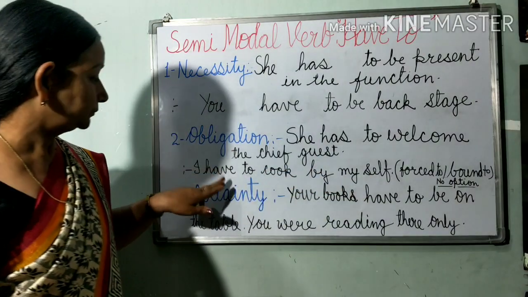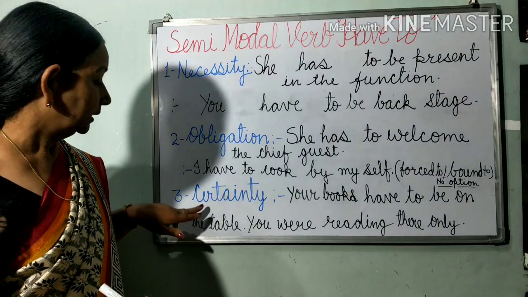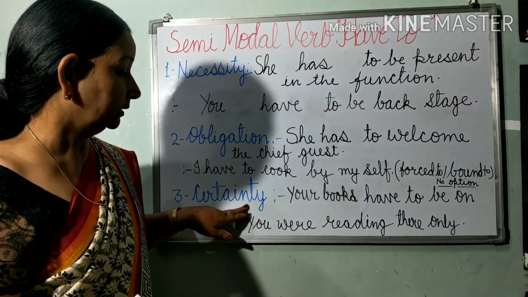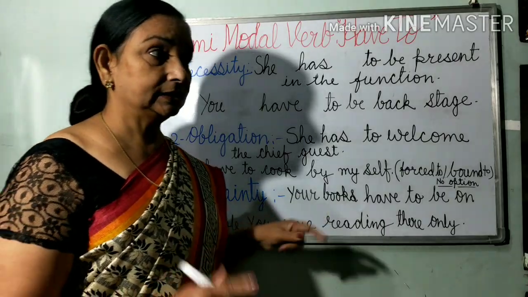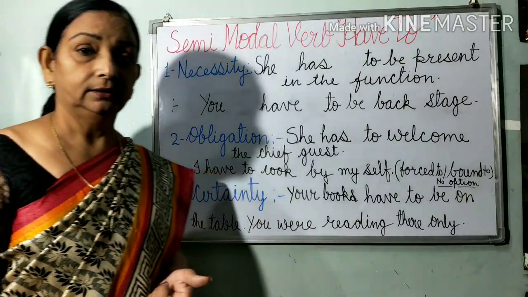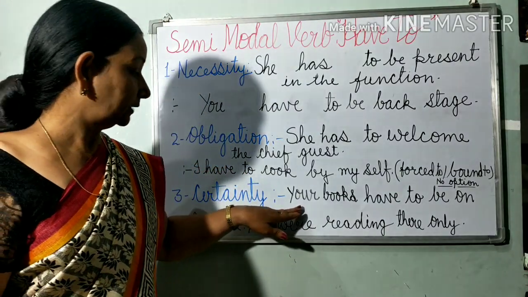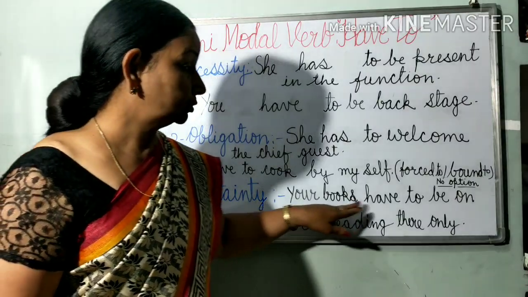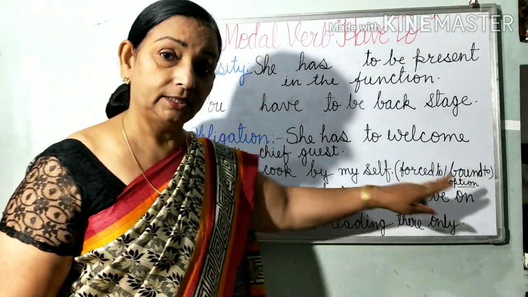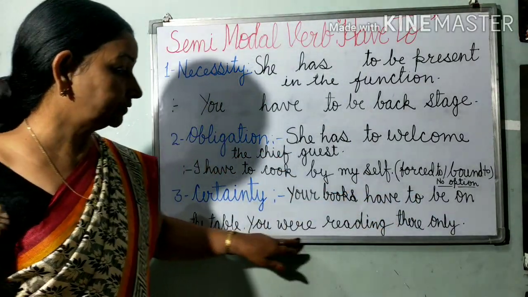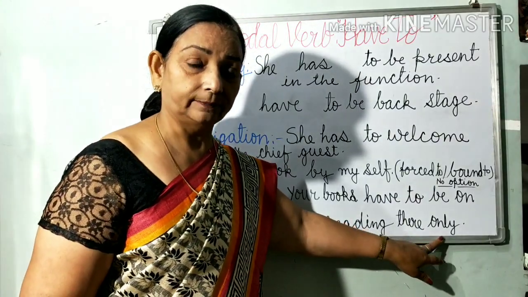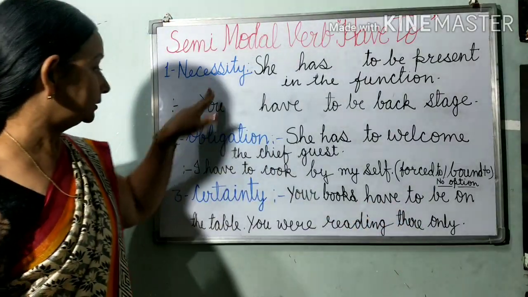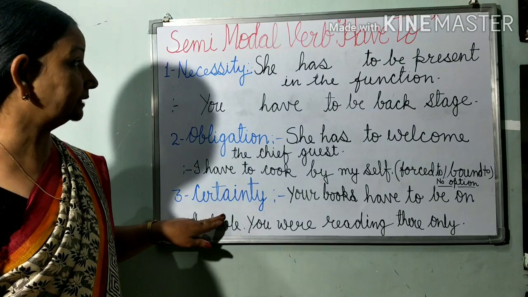This is also a use of "have to". Next, certainty. Something is likely certain to be, then "have to" is used, like "Your books have to be on the table." वही होनी चाहिए, because you are reading the books there only. So these are the three uses of "has to" and "have to".